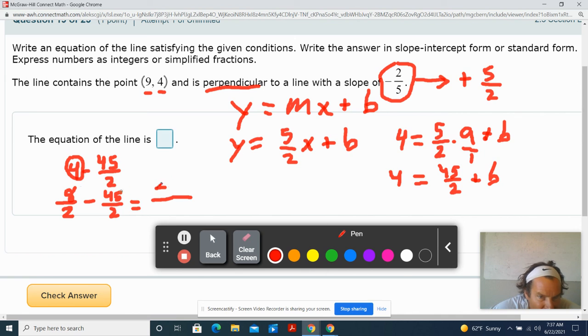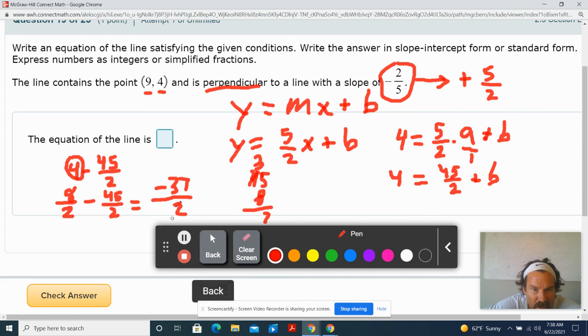You can plug it into a calculator if you want, but it's going to be a negative. 45 minus 8 is 37, so that's going to be a negative 37. 8 minus 45 is negative 37, and the denominator is 2. So this can't be simplified because 37's a prime number.